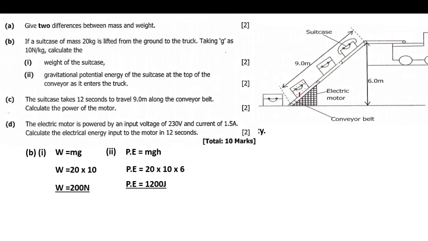So it's rotating like this, trying to move the suitcases up. So now there's a motor which is rotating these things here. For us to be able to calculate the power of the motor, first we need to know the work which it is doing, the motor, in doing what? In moving these things along this distance here.